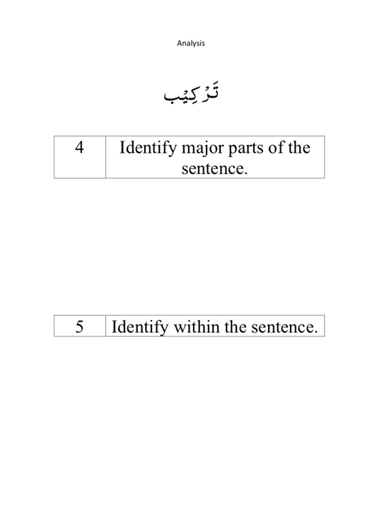Step 4 is basically after you have looked at step 1, step 2, step 3. Step 4 is that you identify what I call the major parts of the sentence. So for example, if there is an inna, where is the ism, where is the khabar? Where is the noun of inna and where is the khabar?